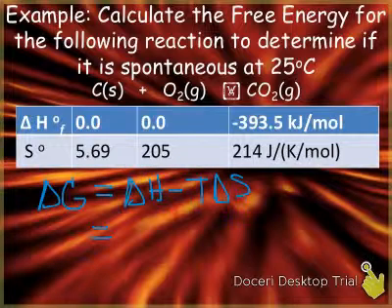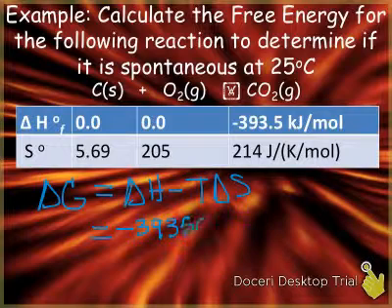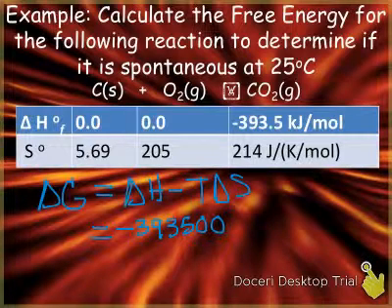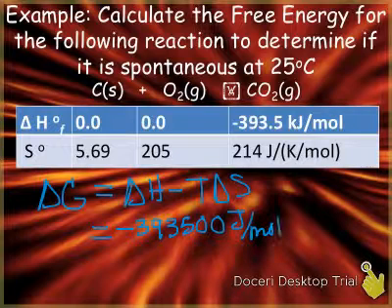Our enthalpy is in kilojoules, so I'm just going to go ahead and convert it to joules. How do I do that? Multiply by 1,000, move the decimal how many times? 3, so negative 393,500 joules per mole. Actually, I'm not going to put the units because I'll run out of room.